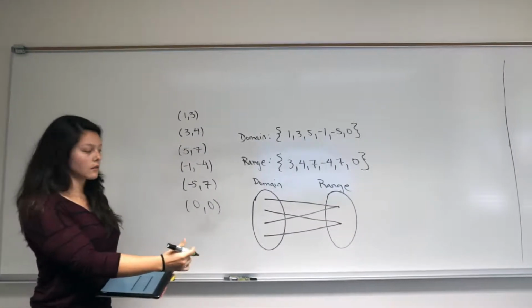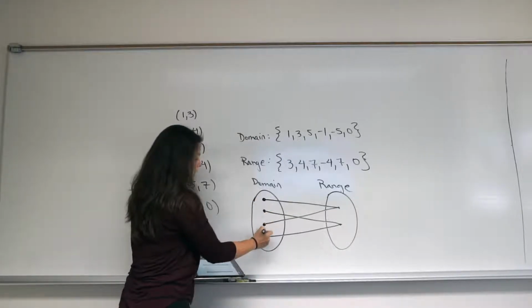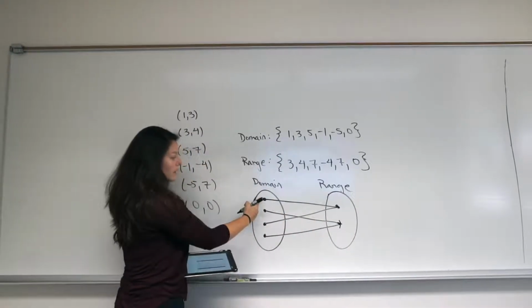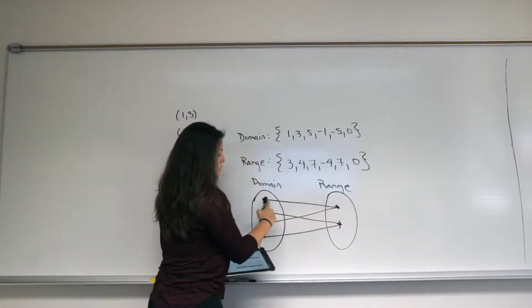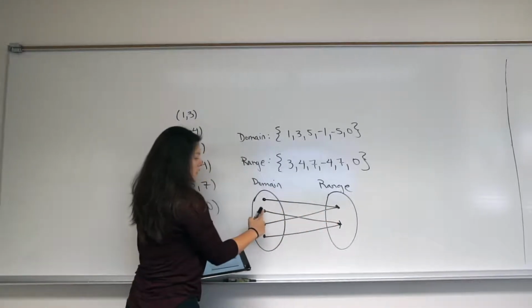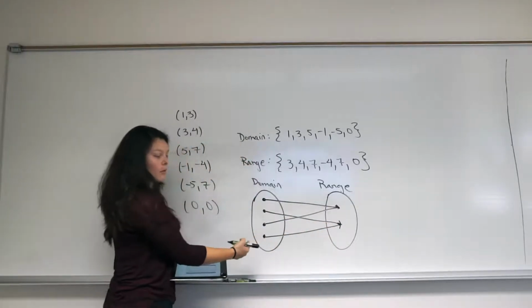Okay, so for example, if I draw something like this, this is a function, because notice each element in my domain here only has one, let me make these arrows, only has one arrow coming out of it. So there's a unique element in the range that this element maps to, a unique element in the range over here that this element goes to, and so on.